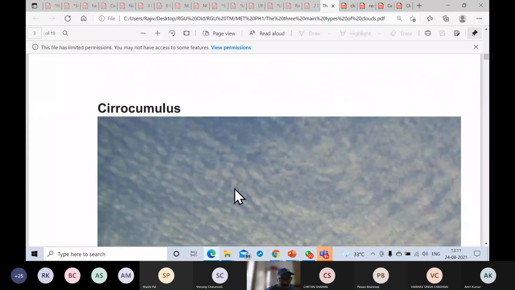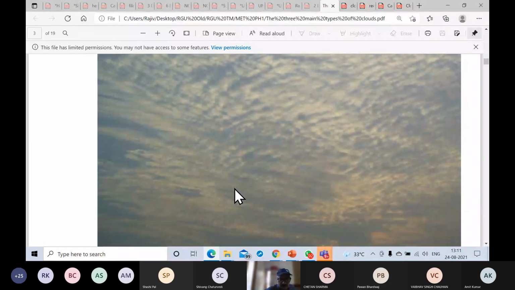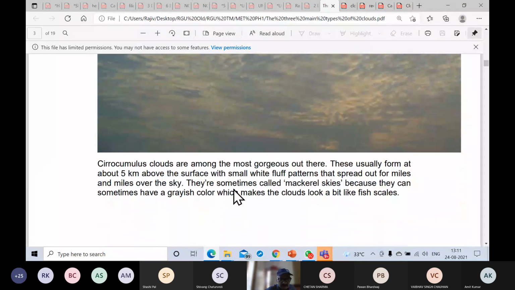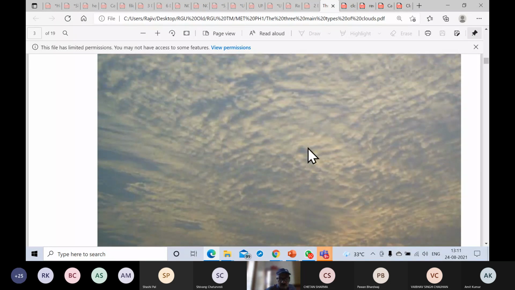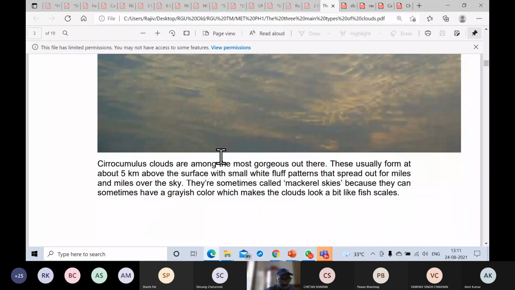Right, then going further, this is cirrocumulus. Description: this forms about 5 kilometers above the surface. Small white fluffy pattern. Remember, we are talking about high clouds.